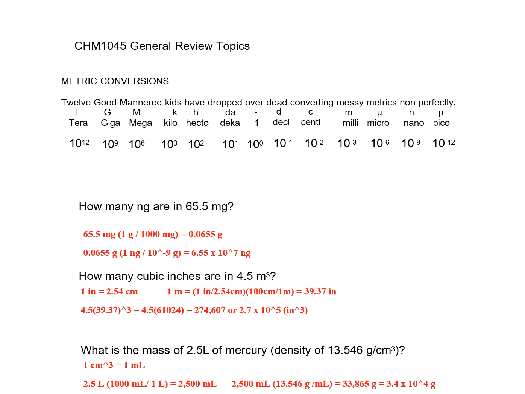And the other example: what is the mass of 2.5 liters of mercury? They give me the density, which is 13.546 grams per cubic centimeter. For density, D equals mass over volume.